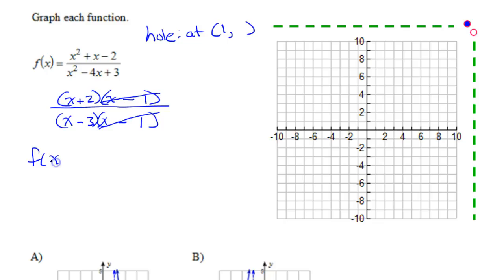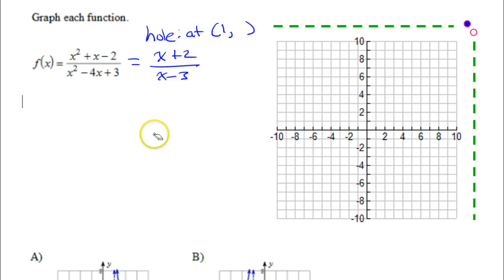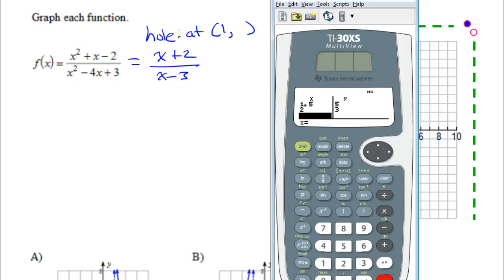So the function now has become x plus 2 over x minus 3. So I can really deal with that for the rest of this time. To find the y value, I'm going to use my simplified function and put that in my calculator.